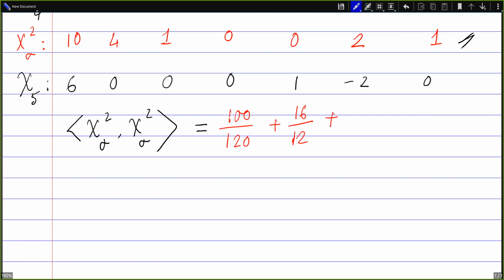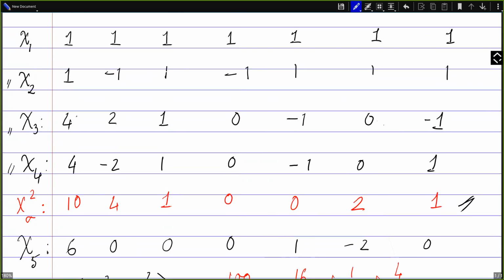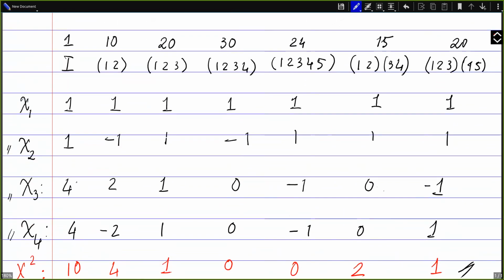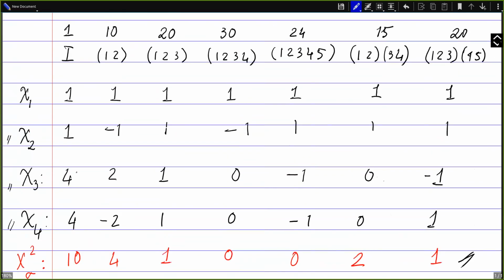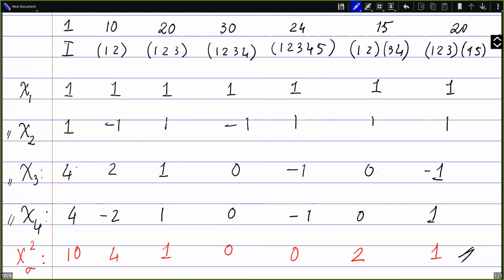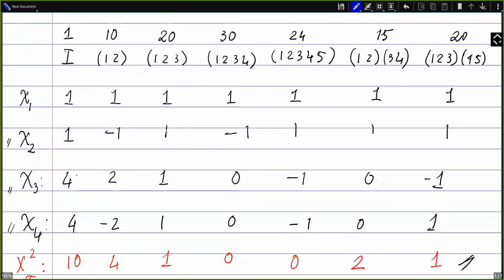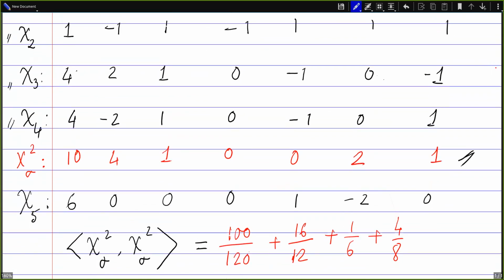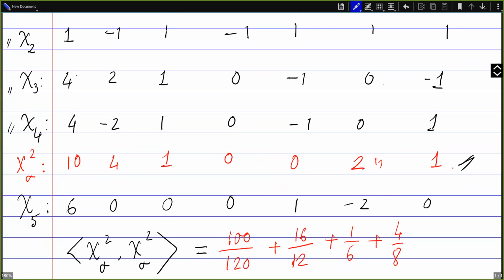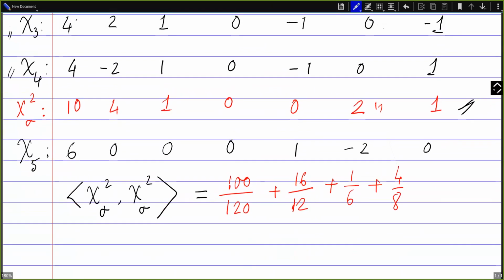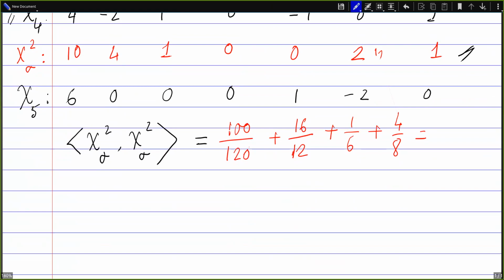The third term is 1 by 6, because these are the orders of the centralizers of the elements. The next term is 4 by 8, and finally for this one, 2 squared by 8. If you now calculate that, it happens to be 3.